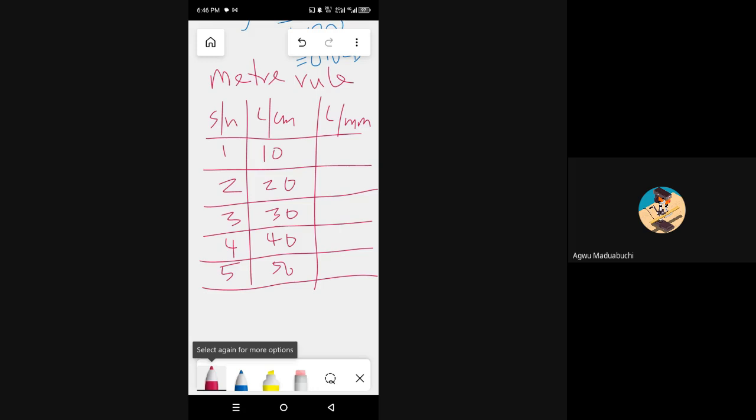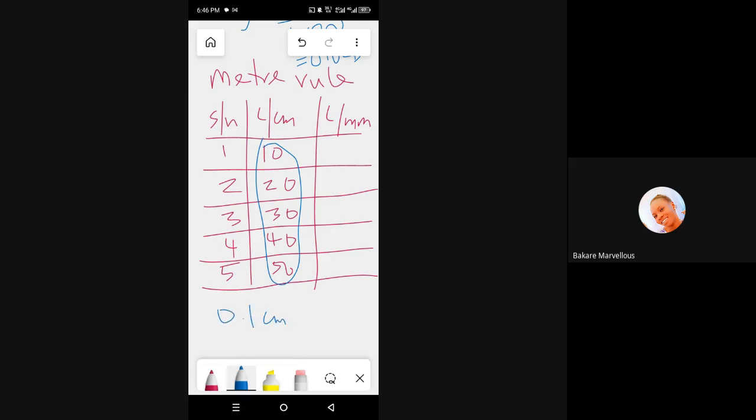Yes, sir. These measurements are to the nearest what? Centimeter. So these values are not accurate, because I'm using a meter rule, and the smallest measurement on the meter rule in cm is 0.1 cm.